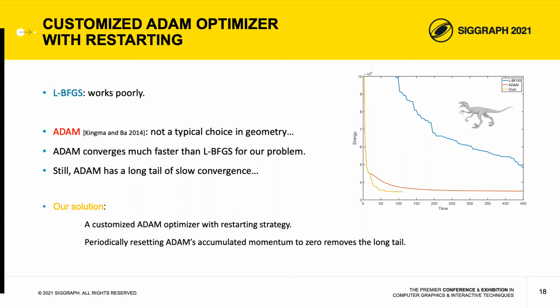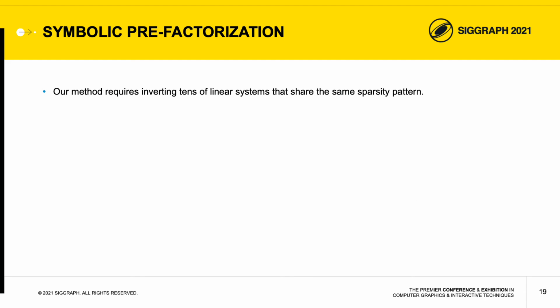It converges much faster. But it still has a long tail of convergence as shown in the red curve. We propose a customization to the Adam solver by resetting the accumulated momentum term to 0 every few iterations. This removes the long tail and it converges quickly. For most models, our method converges in 10 to 20 iterations.